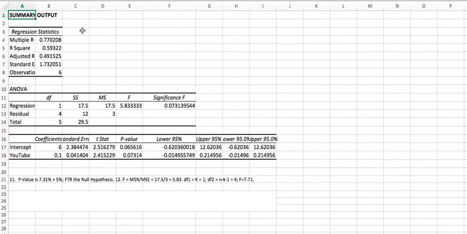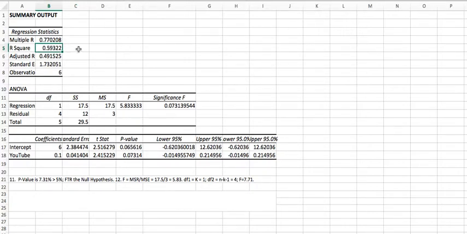we have our summary output here, and we have our regression statistics. We have the multiple R coefficient of correlation. We have the R square, or the coefficient of determination, of 59%.